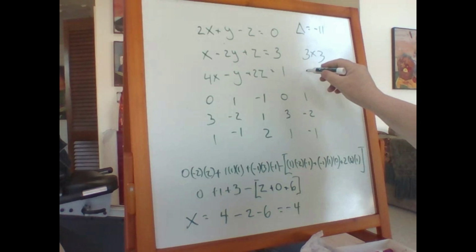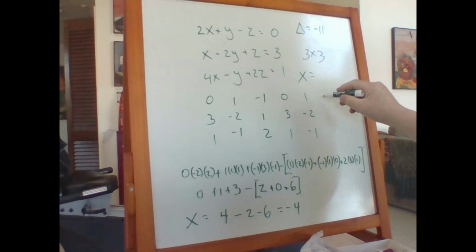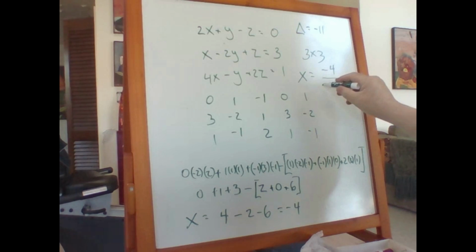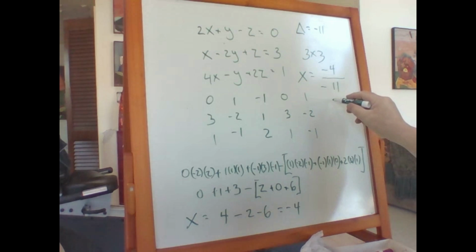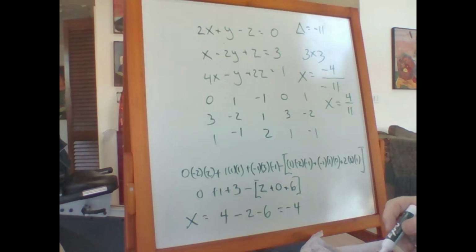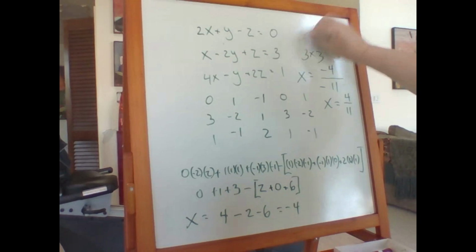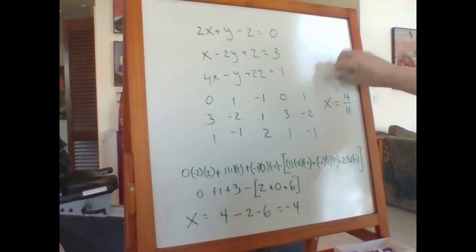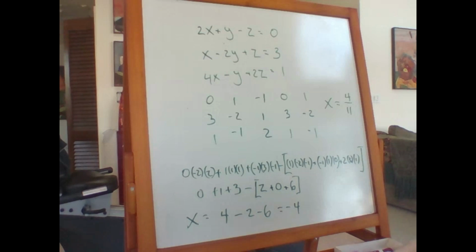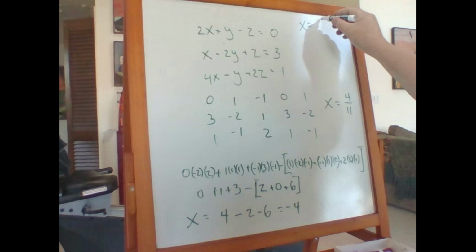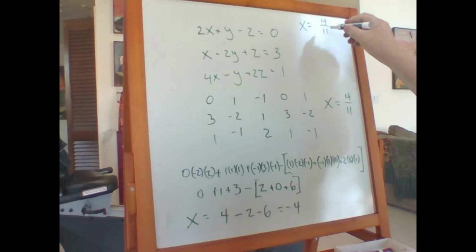So x is equal to minus 4 over minus 11. So x equals 4 elevenths. See, we got the x right off the bat using this. So x equals 4 elevenths.